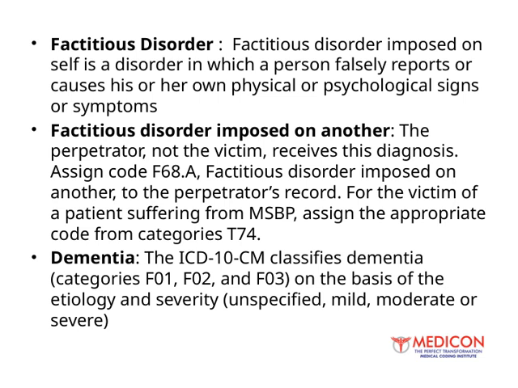Now, moving on to dementia. The ICD-10-CM classifies dementia based on its cause and severity. The categories include F01, F02, and F03, which help us specify whether the dementia is due to vascular issues, other specified causes, or unspecified causes. Additionally, severity levels are recognized, whether it's mild, moderate, or severe.